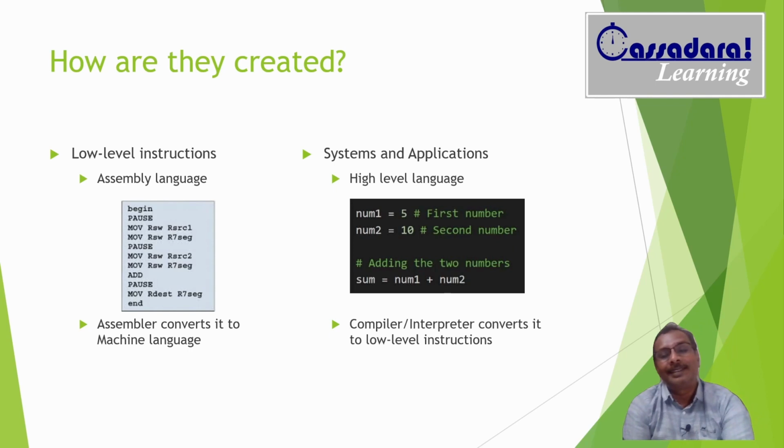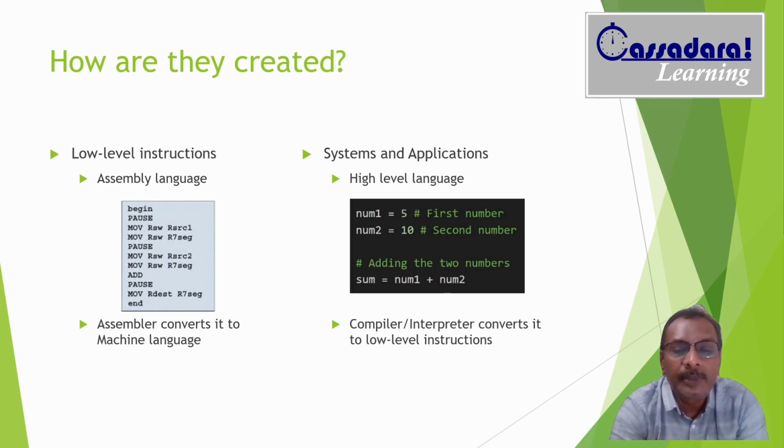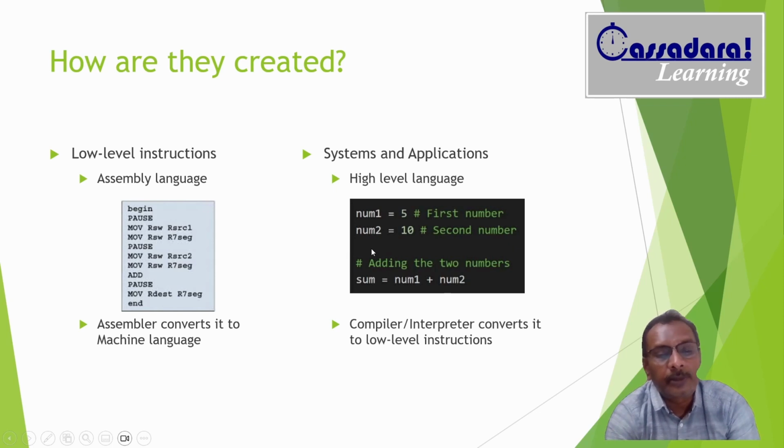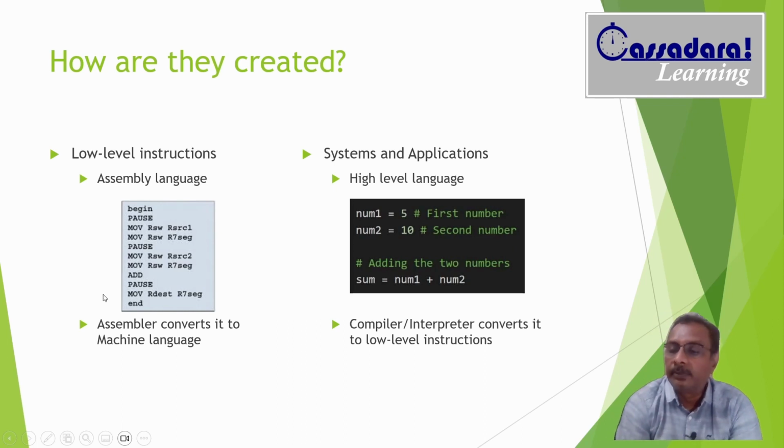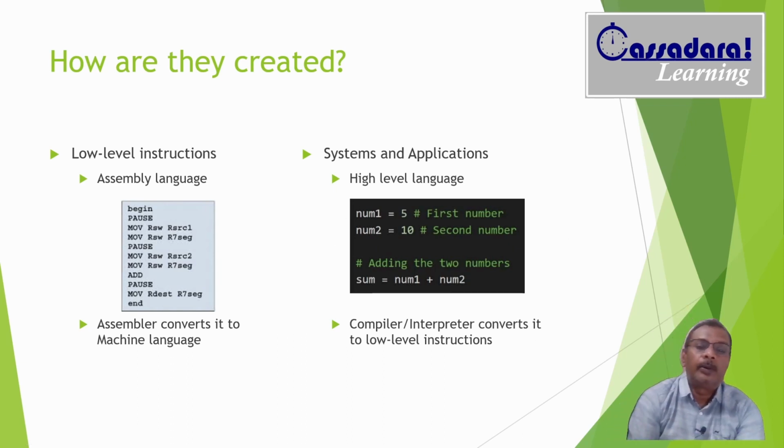So nowadays the high level language is the way of programming. We need not worry about this. Let us leave it to the technicians at Intel or Motorola or wherever they are working. We will just focus on this high level language.